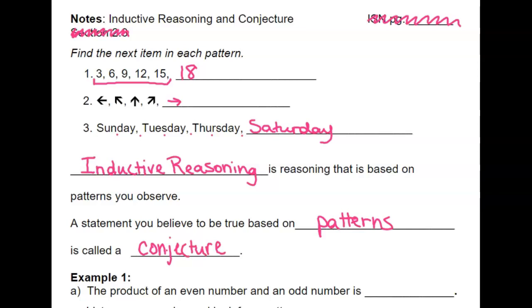So on number 1, the conjecture is 18, because that's a statement I believe to be true based on the patterns using my inductive reasoning. On number 2, my conjecture is the arrow to the right, and on number 3, my conjecture is Saturday.